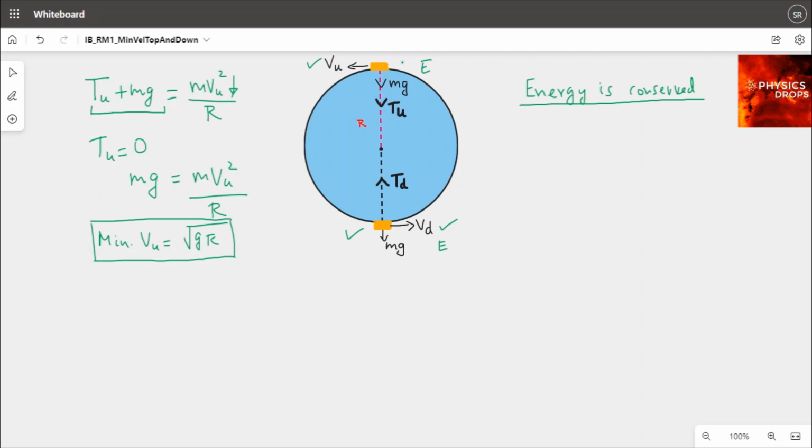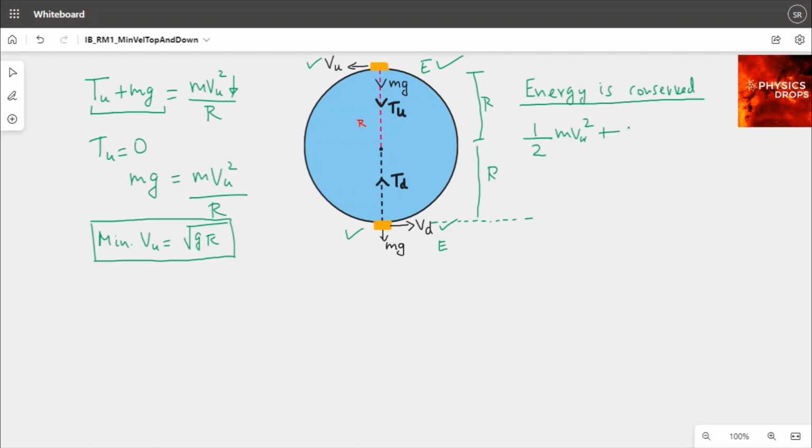So if we look at the energy in the up position, we have kinetic energy, half m Vu square. And the potential energy, if we take this as the reference point or the ground, then the object at the top, up position, is 2 times the radius above. There is one radius here in height, and another radius in height here. So 2r is the height, and we know that potential energy is mgh.